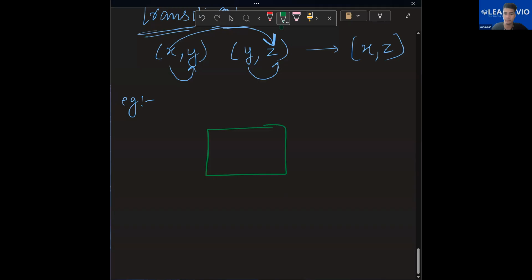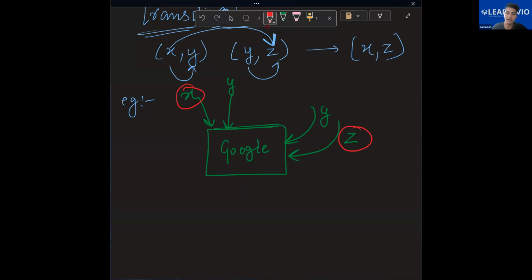Let's say this is Google, and x works here and y works here. And someone is saying that y and z are working here. So what does it mean? x and z are also working in this company only, right?